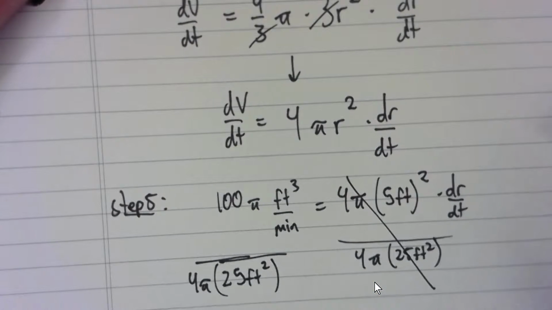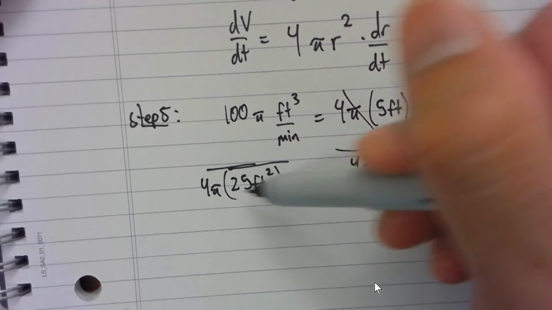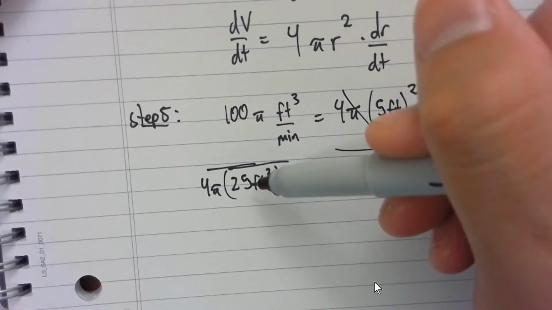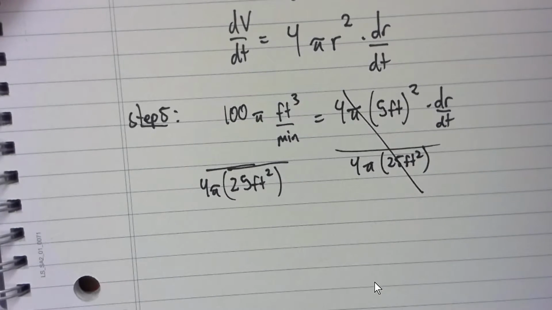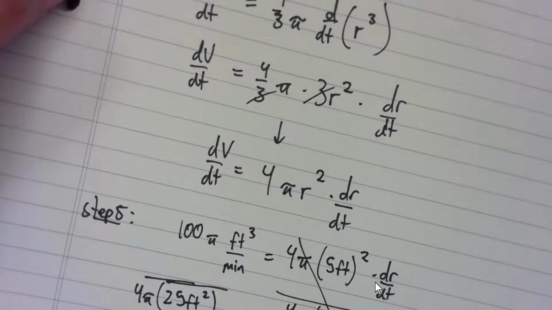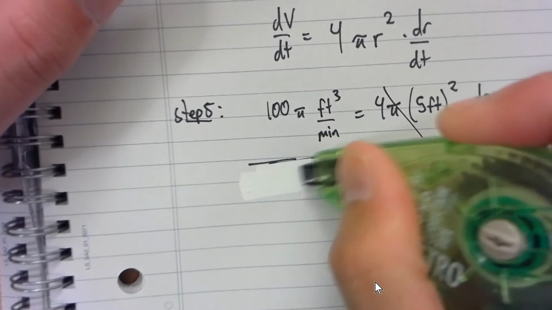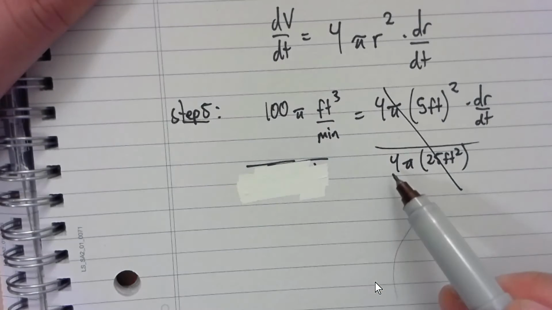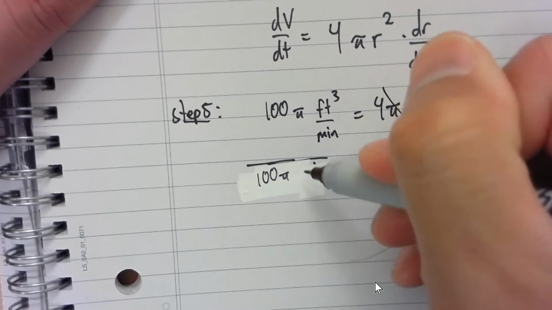Sorry, so I guess what I didn't do was multiply this out. 4 pi times 25 feet squared. If I actually did the math to see what that equals, 4 pi times 25 feet squared should be 100 pi feet squared.